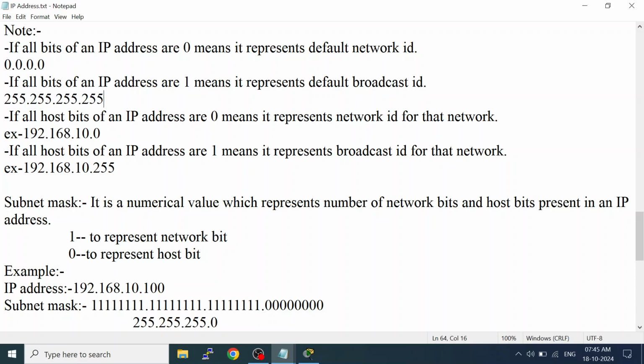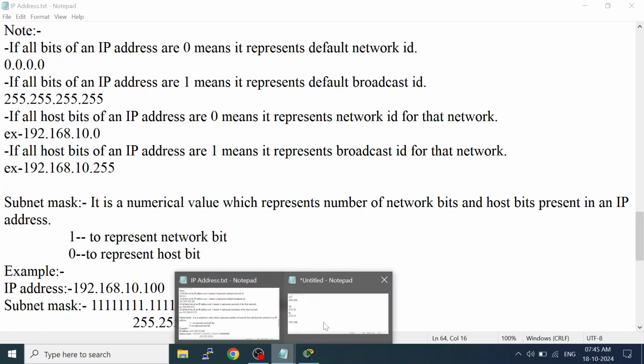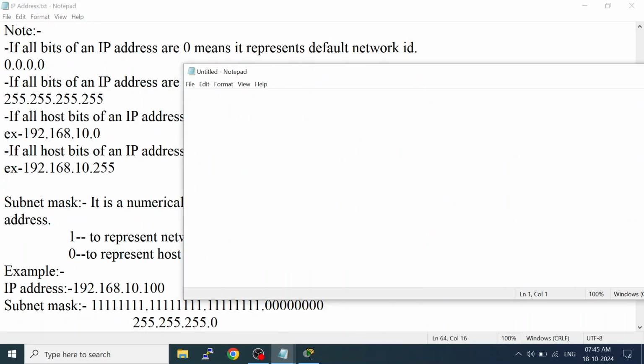Now, if all host bits are 0, see the difference. Earlier I said if all 32 bits are 0, then that is a default network ID. And if all host bits are 0, host bits means, suppose I write 179.100.10.0, so here all host bits are 0?